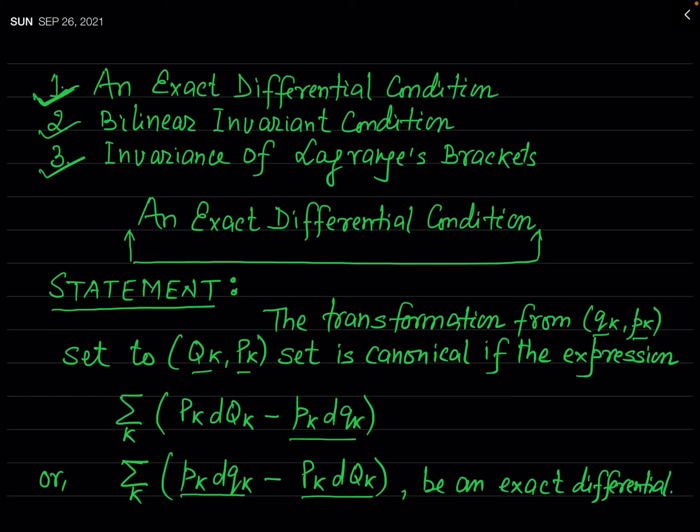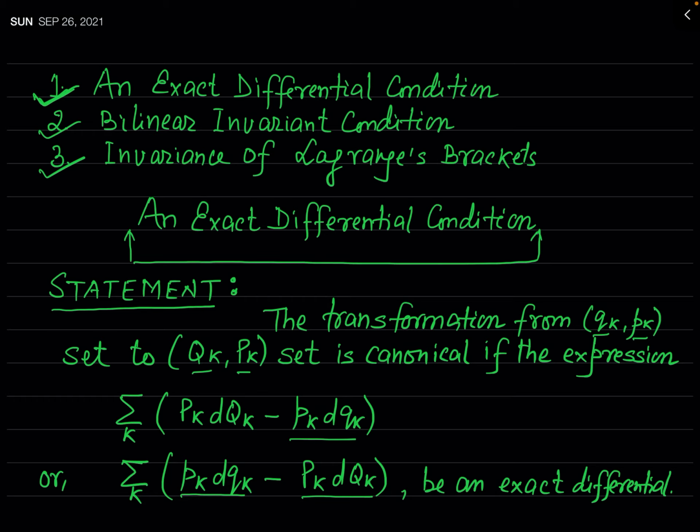Actually, this condition is very useful in solving the numerical problems. Although we will learn about bilinear invariant condition, invariance of Lagrange bracket too, but most of the problems which we will solve in the forthcoming lecture, we will solve by this idea of the exact differential condition for canonical transformation.